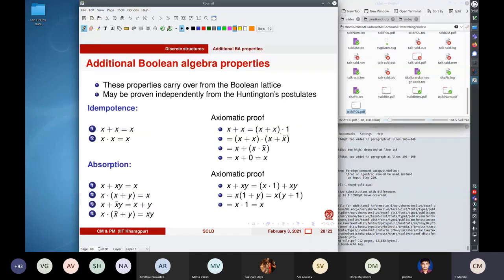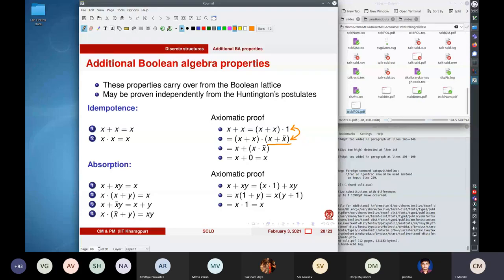As you can see, you can write it in this form, and these are some steps. You can always write it in this form, and for any element, x or x' is 1, and then you can distribute.